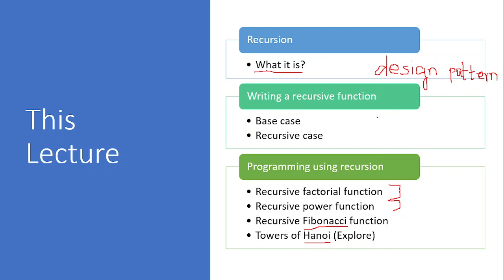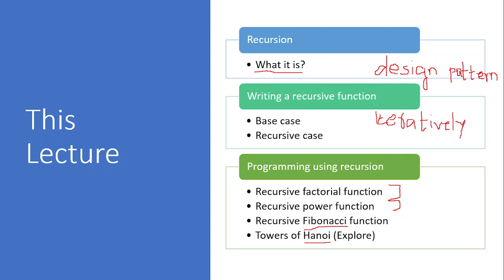In fact, there is a theorem in computer science that if you can solve any problem iteratively, so what do we mean by an iterative solution of a problem? Iteratively means if you can solve a problem using loops, then you can always solve that problem using recursion.